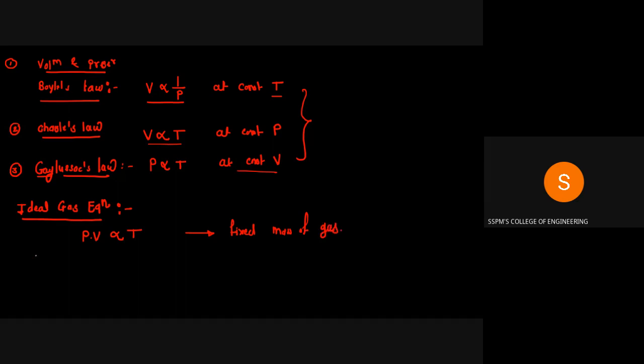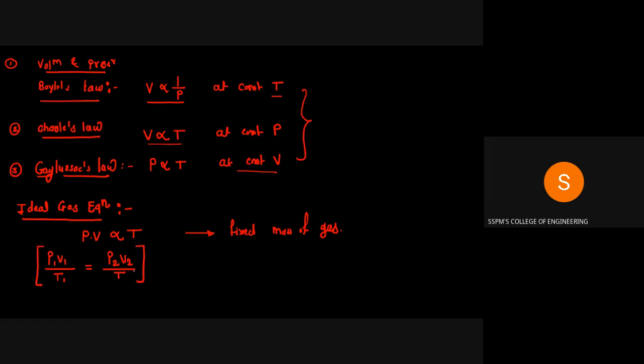From this equation, if you have two different conditions for pressure and volume, then P1 V1 upon T1 is equal to P2 V2 upon T2.